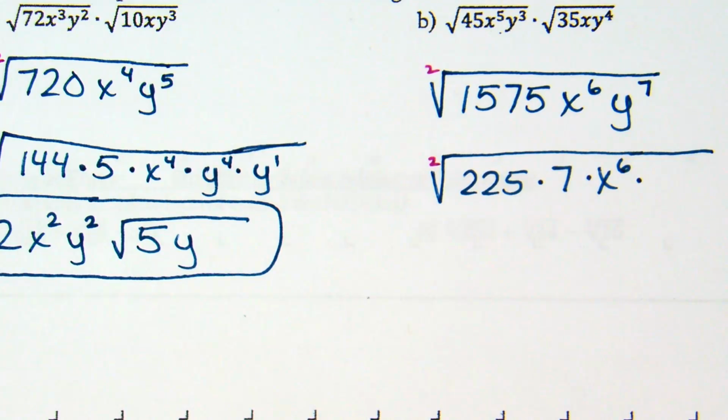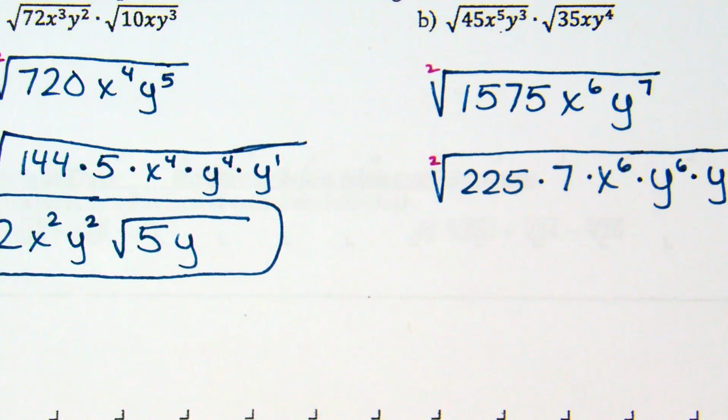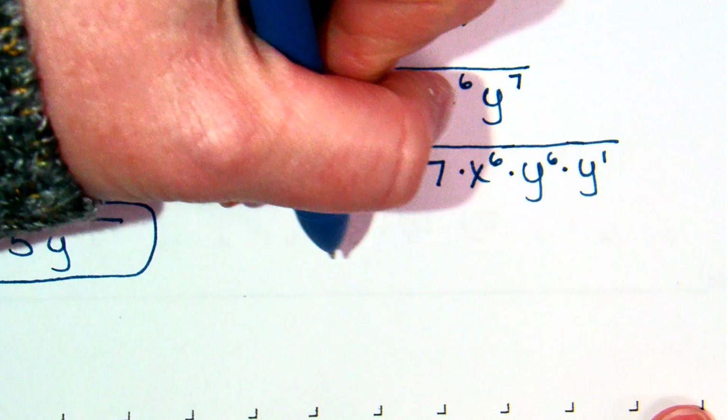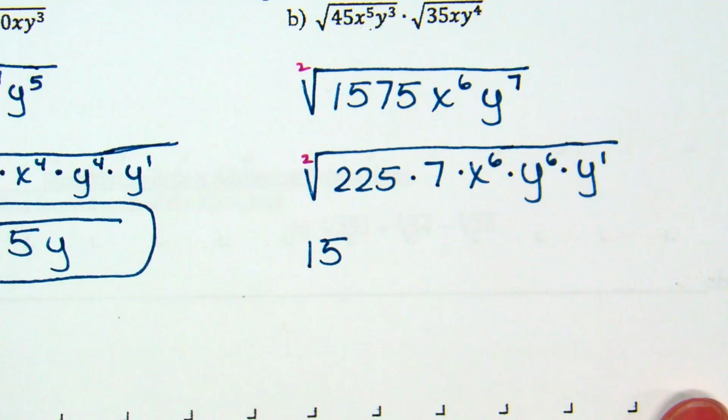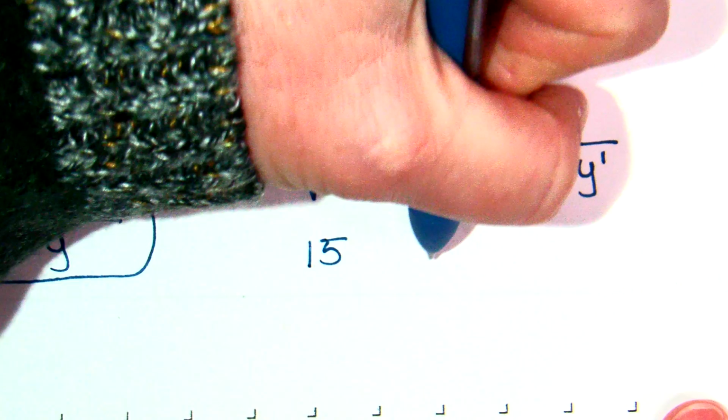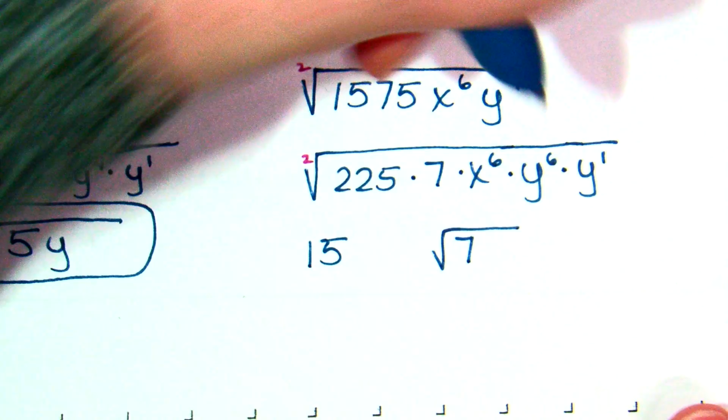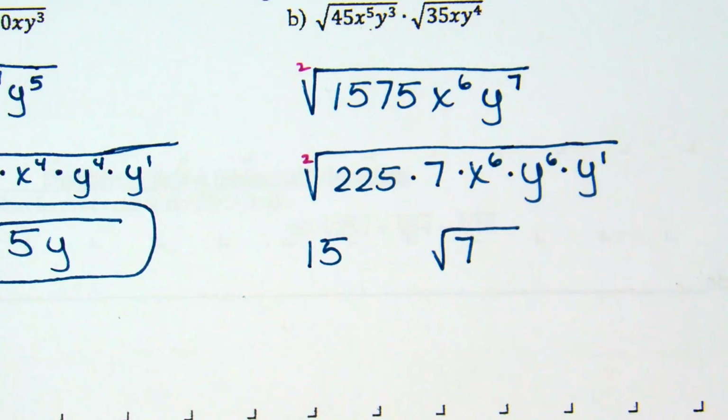Square root of 225, 15. That's going to go outside the radical. Square root of 7, can't do it, so it's going to stay under the radical. Square root of x to the 6th: x to the 3rd, because we're going to divide by 2.